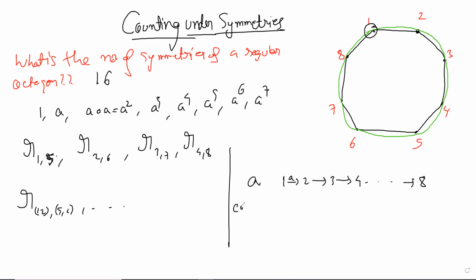The cycle of A is the entire set, and there is only one cycle. You see what I mean by cycle here? Basically, from one point, what are the points you can reach by repeatedly applying that symmetry? That is the cycle of the symmetry.